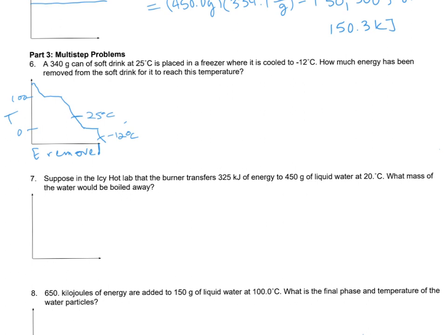So we are going to have 3 steps. Step 1 is going to be cooling down my liquid water down to 0 degrees. Step 2 is going to be actually freezing the water. And then step 3 is going to be cooling down the frozen water, the ice, to negative 12 degrees.